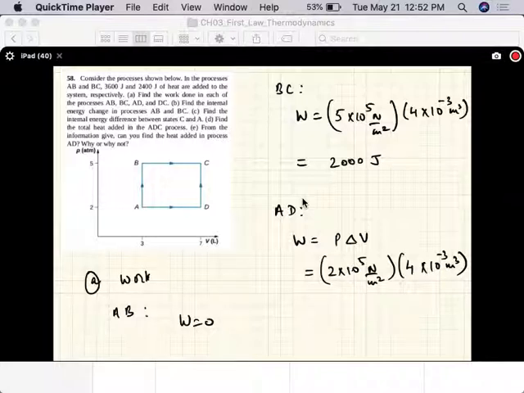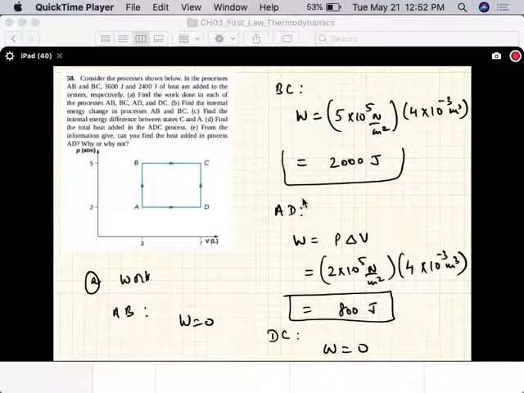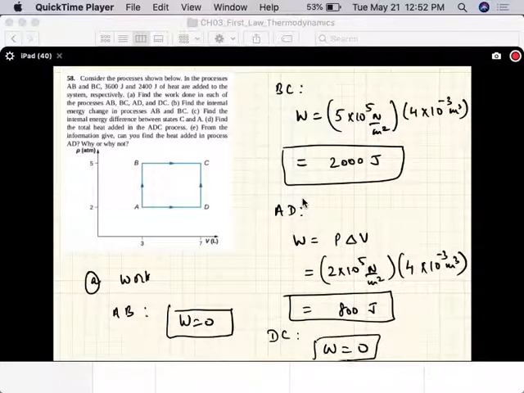So for the process AD, the work done is 800 joules. And for DC, the work done is 0. So we've calculated the work done for each of the processes.